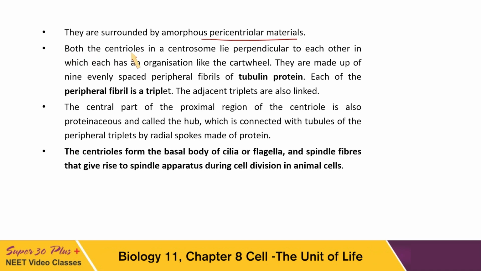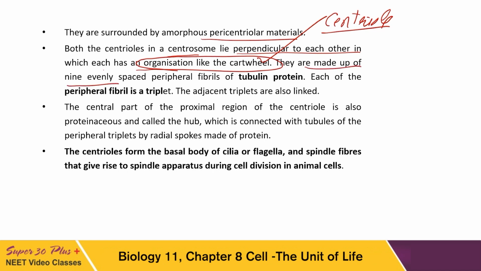Both the centrioles in a centrosome lie perpendicular to each other, as I told you, and each has an organization of cartwheel type of structure. Important point: cartwheel is related to the centriole. The cartwheel type of structure is found in the centriole, made up of 9 evenly spaced peripheral fibrils made up of tubulin protein, as I told you.